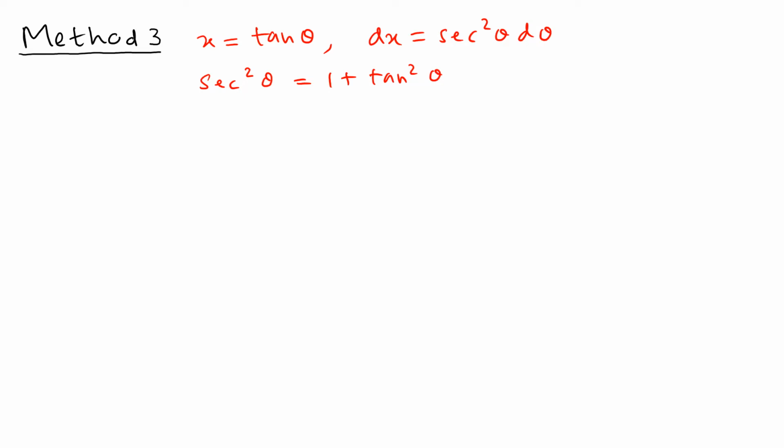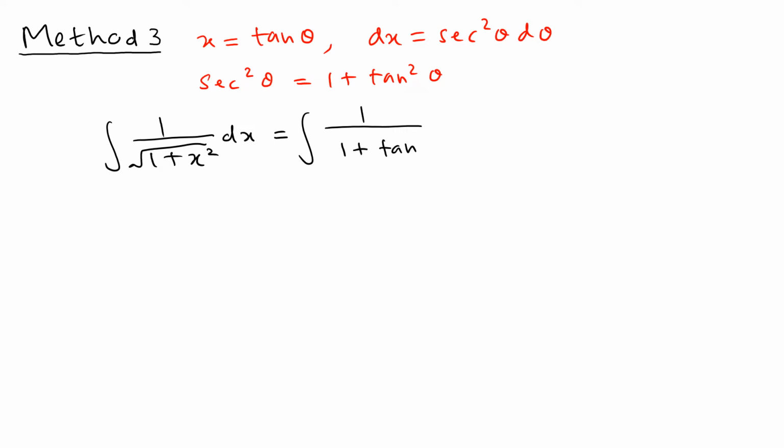So the integral of 1 over square root of 1 plus x squared dx becomes 1 over square root of 1 plus tan squared theta, and dx is simply secant squared theta d theta.